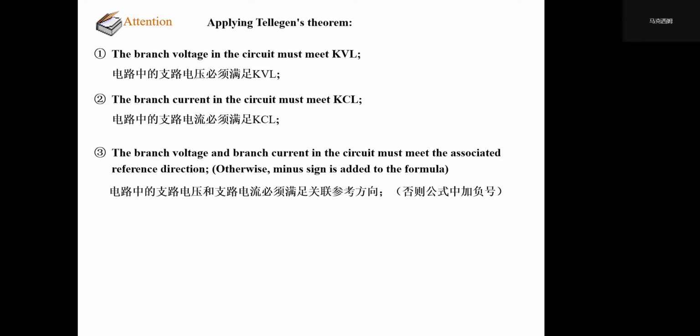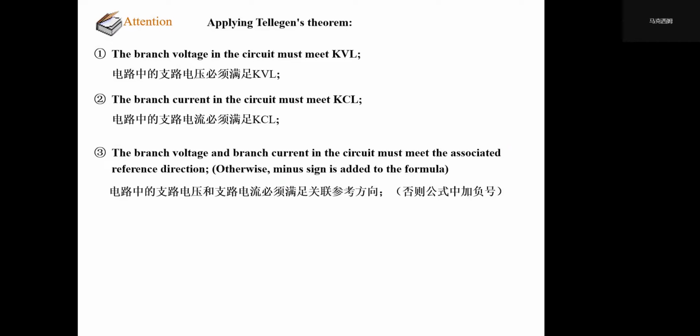And when we apply Tellegen's theorem, the branch current and the branch voltage must take the associated reference direction. Otherwise, we need to put a negative sign into the formula, or it will not have the same meaning.